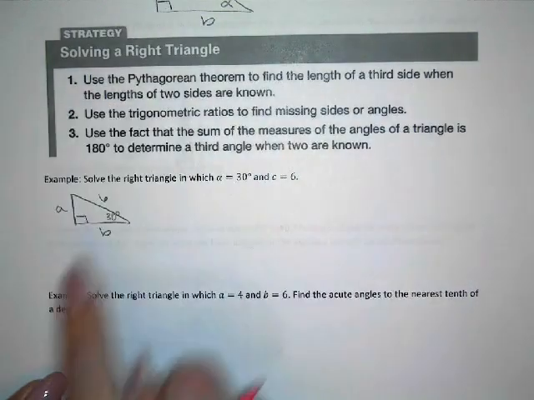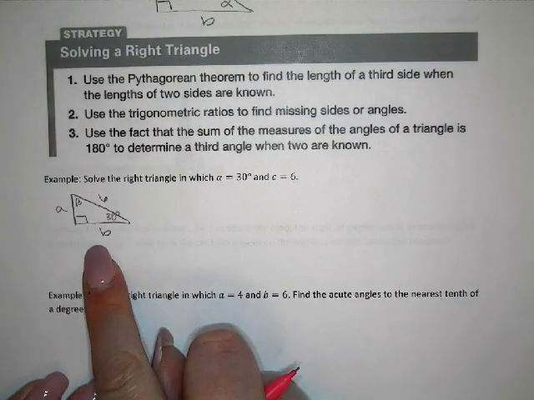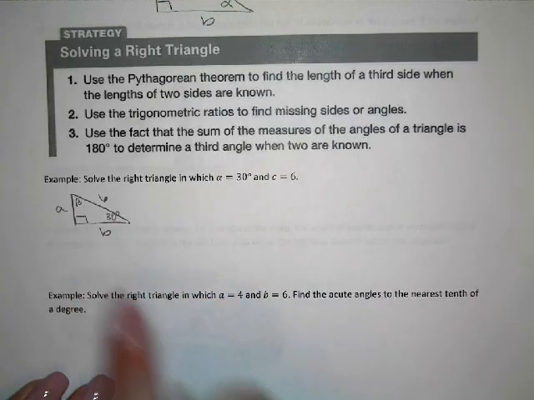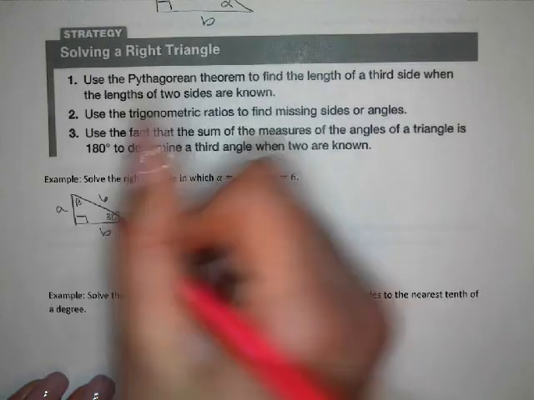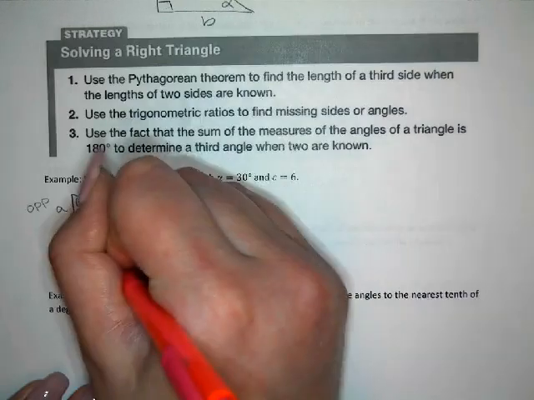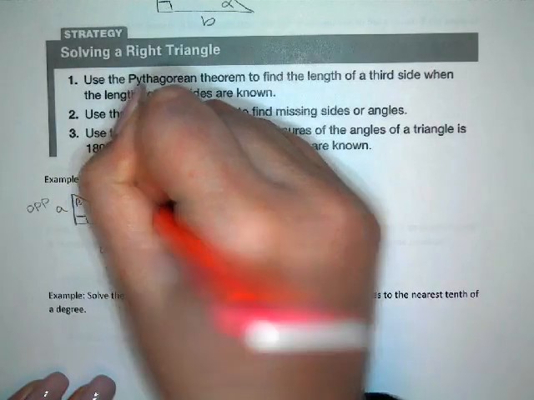So that means they want us to find side A and B and angle B. So here, if we have this 30-degree angle, that means that A is the opposite side, B is the adjacent side, and C is the hypotenuse, right?